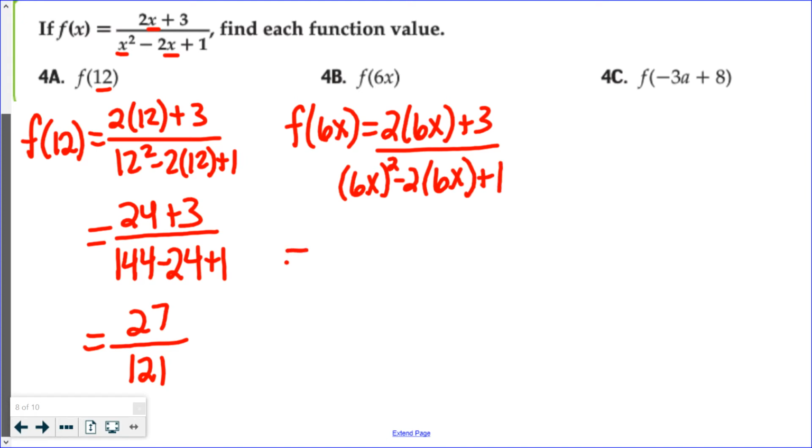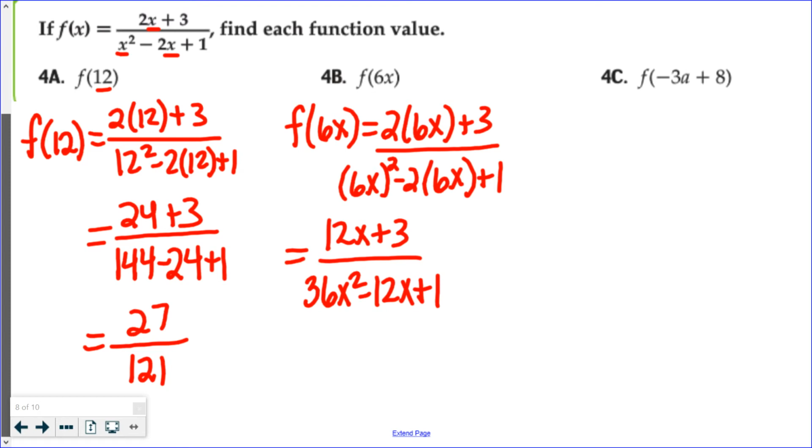And we're going to simplify that. 2 times 6x would be 12x plus 3. On bottom, I've got 6 squared is 36. x squared is x squared. And then negative 2 times 6 would be minus 12x. And then plus 1.